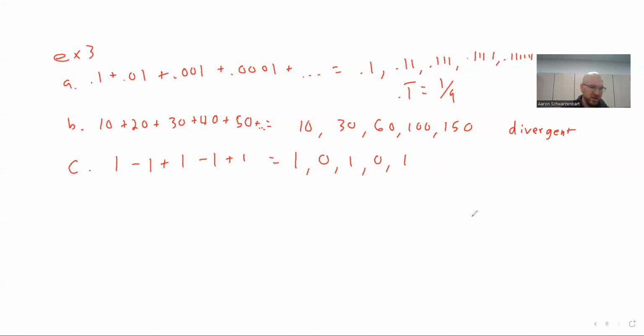So summing with an infinite geometric series, we're going to use our S sub infinity formula. This is example 4.